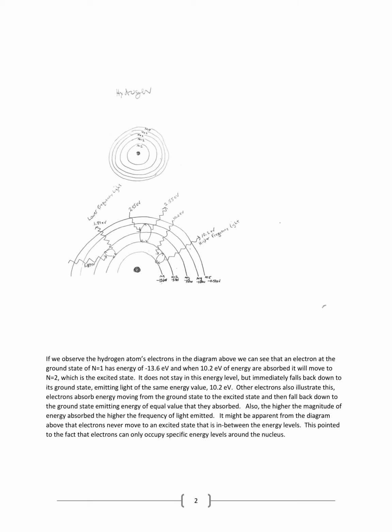The energy absorbed by the electrons causes them to move from a lower energy state to a higher energy state. So let's see, this is an electron here. It absorbs energy. So let's say this is energy.